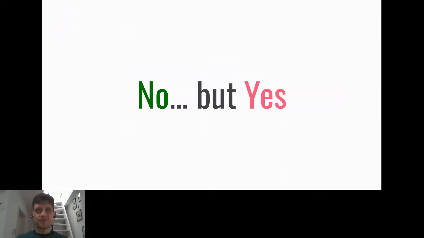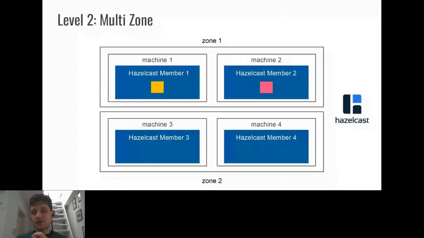We can have one partition, and the backup of this partition is on another member, like member 2, but they are located in the same availability zone. So as a result, if zone 1 is down, then we lose the data, and that's obviously not something we would like to allow.